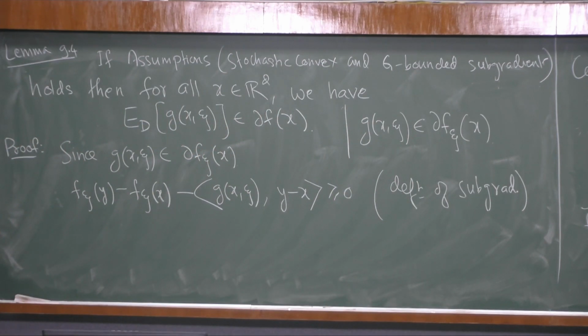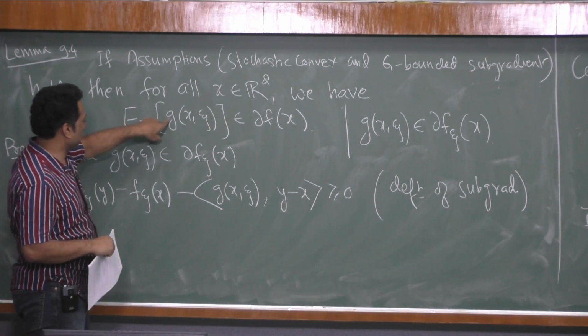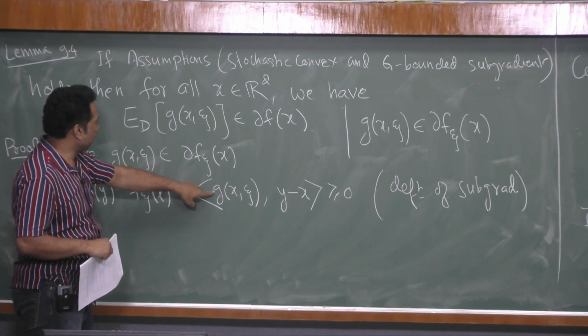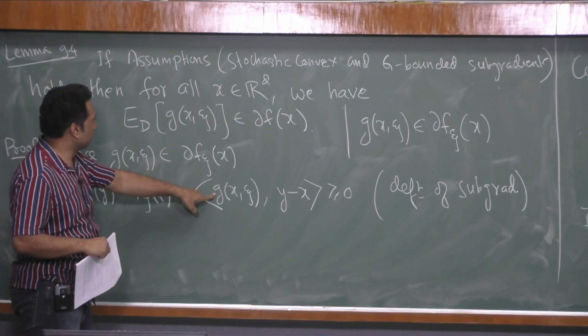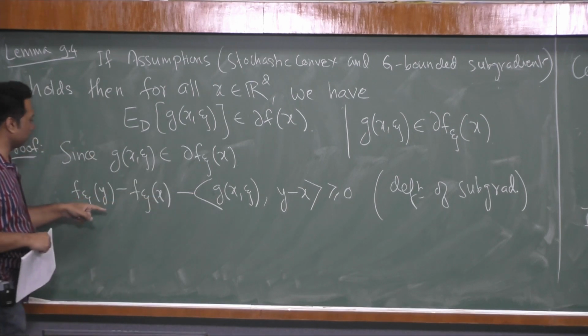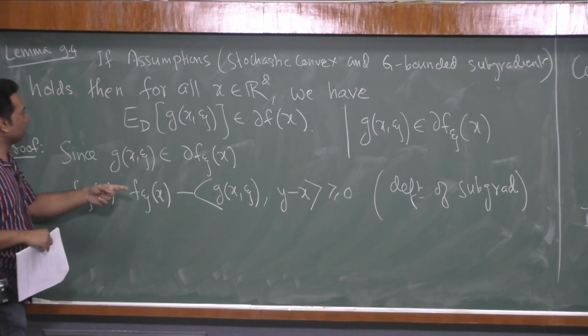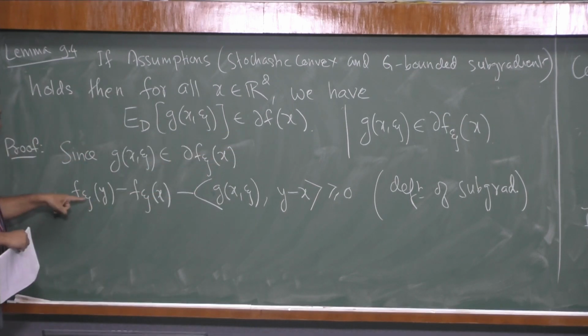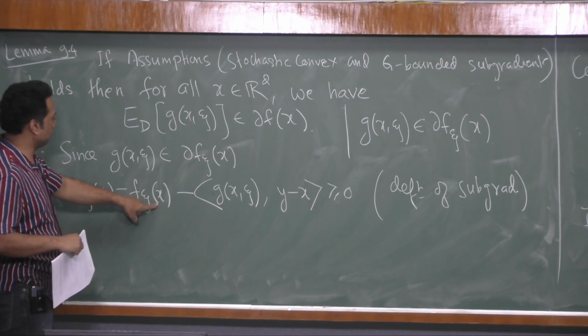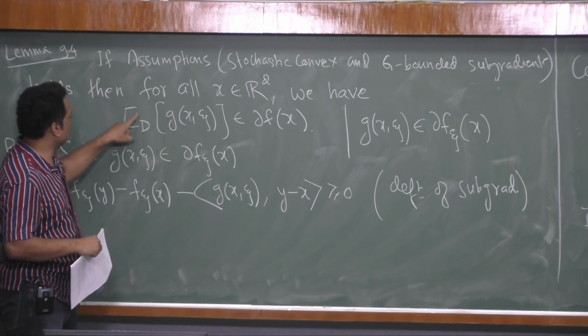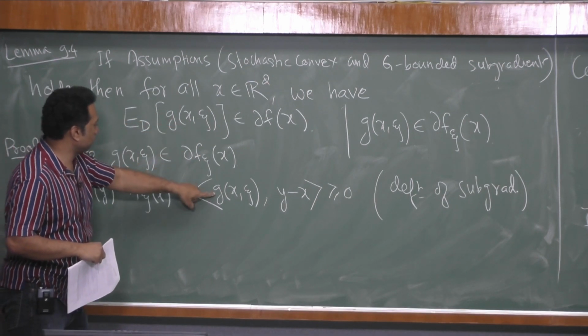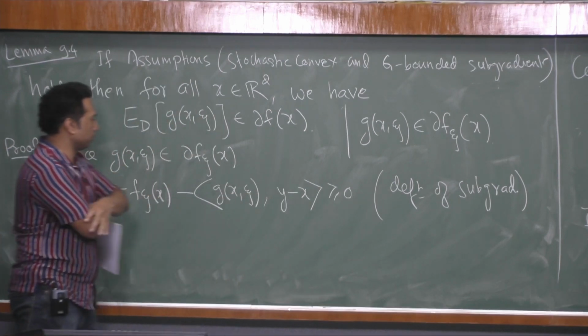Okay, and now we will take expectation. What we are supposed to prove is that if this is in the subdifferential, then f(y) minus f(x) minus the expectation of G(x, j) times (y minus x) is also greater than or equal to 0.